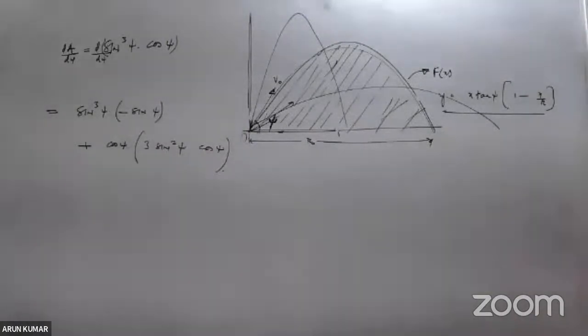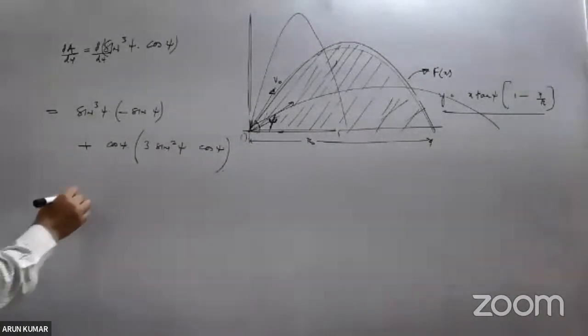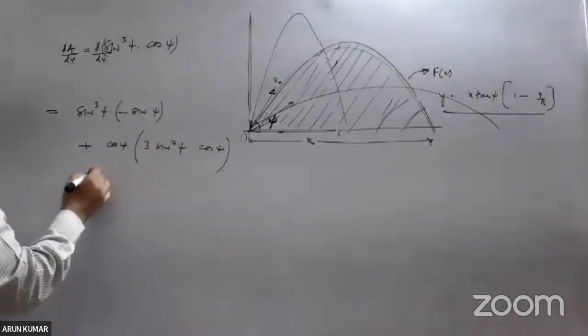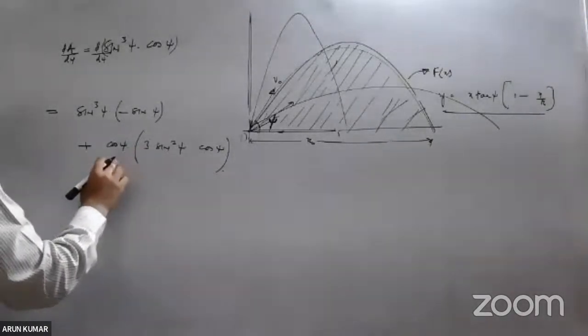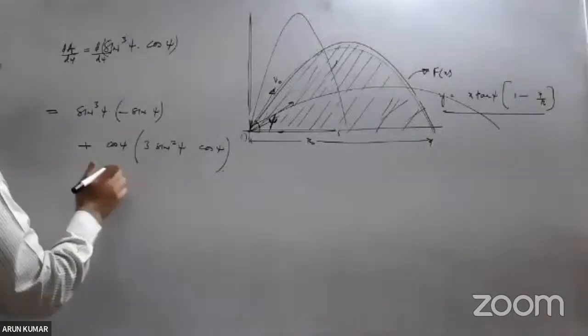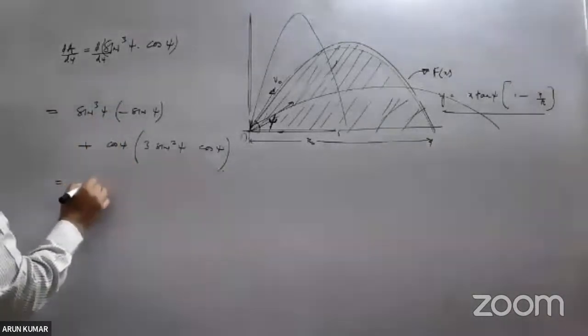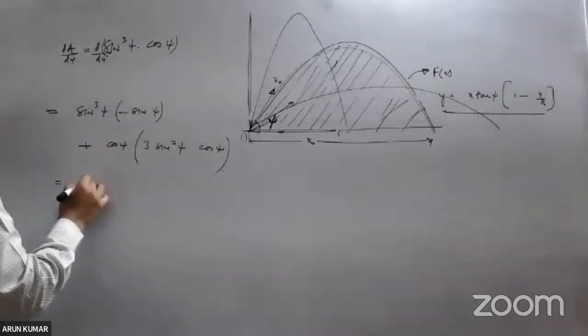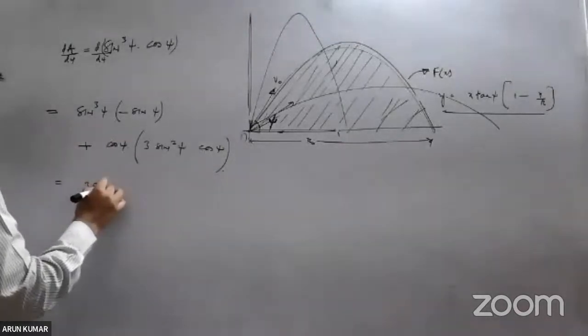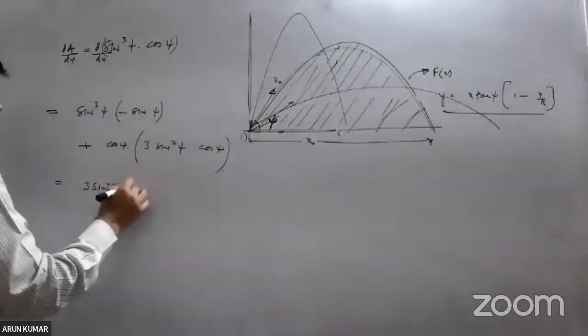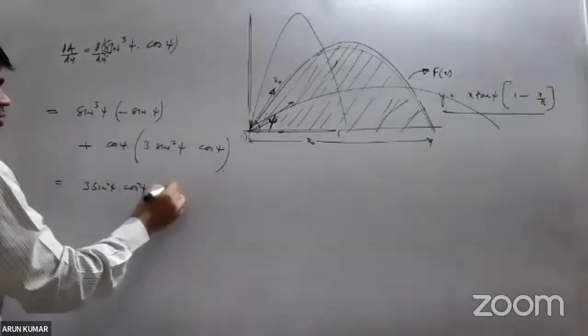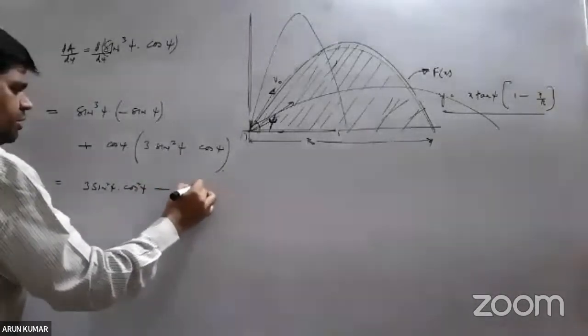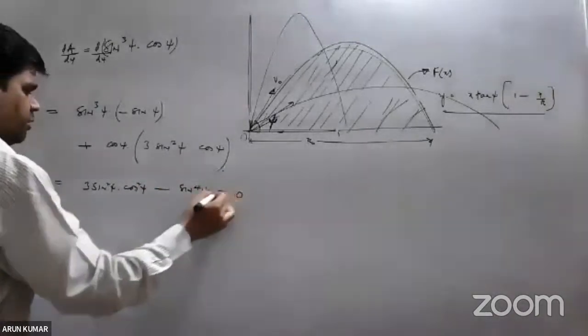All right, so I can take sine square common. Let's expand it. So I'll have 3 sine square psi cos square psi minus sine power 4 psi equal to 0.